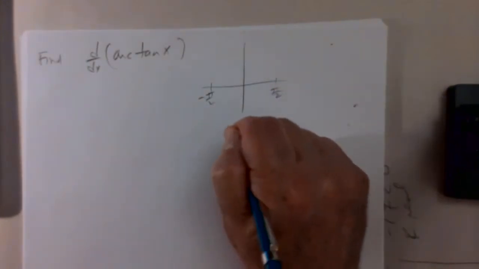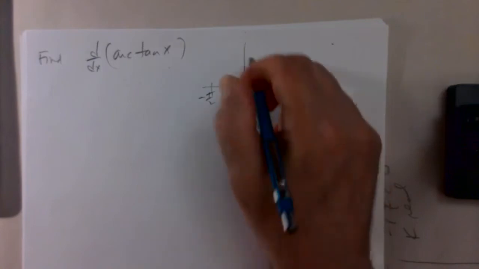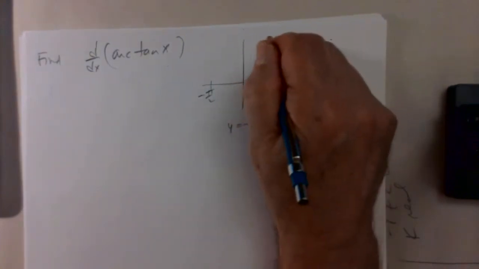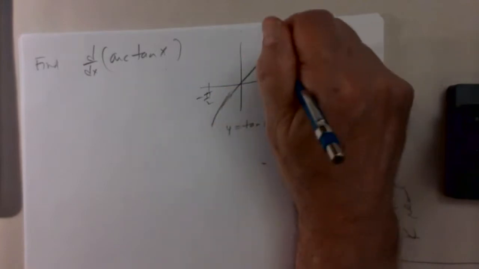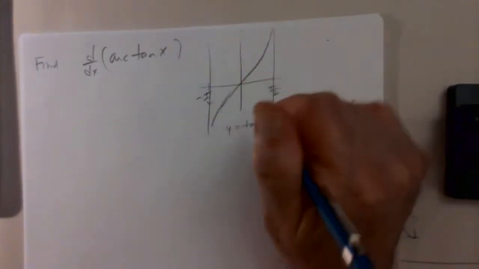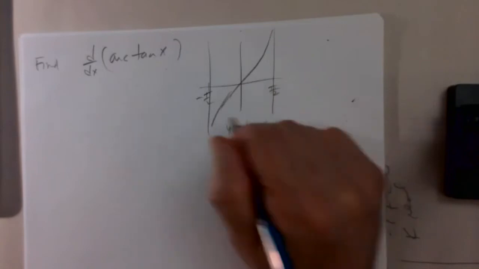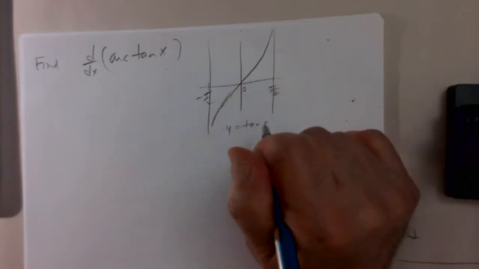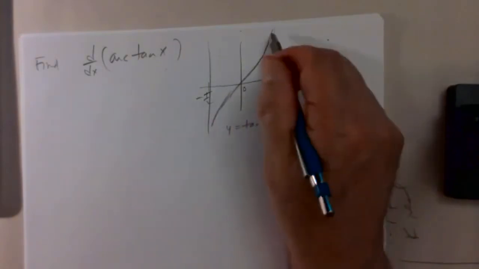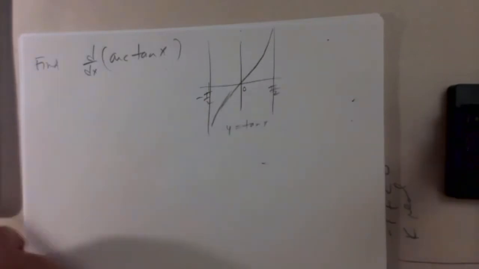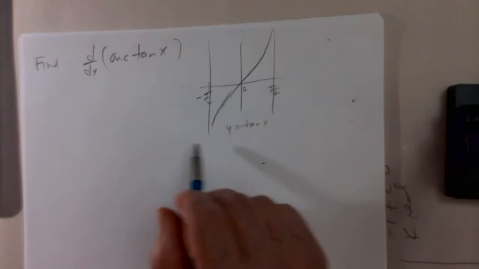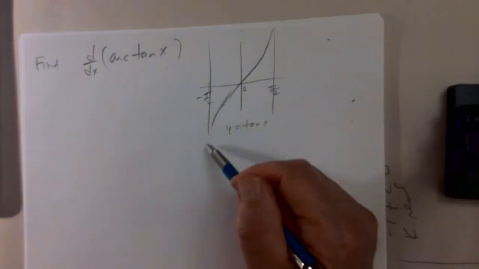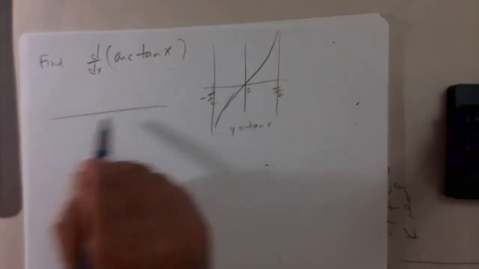If you look at the graph of y equals the tangent of x, it looks like this. We have vertical asymptotes at pi over 2 and minus pi over 2. But this is strictly increasing between minus pi over 2 and pi over 2. And it goes from minus infinity to plus infinity.